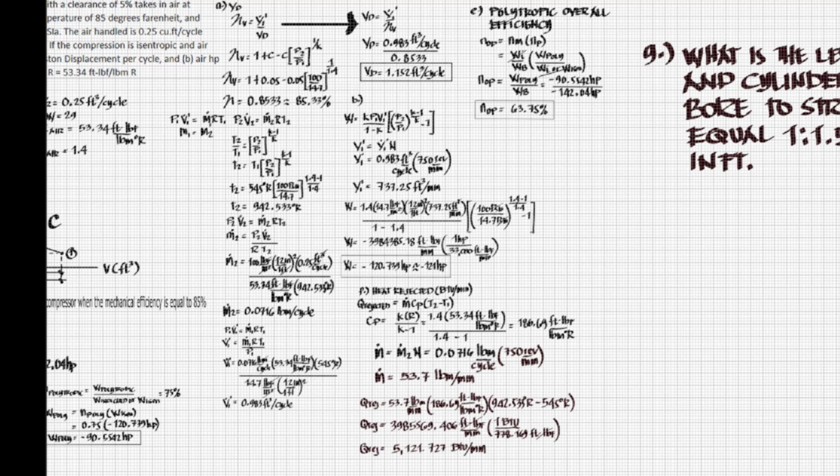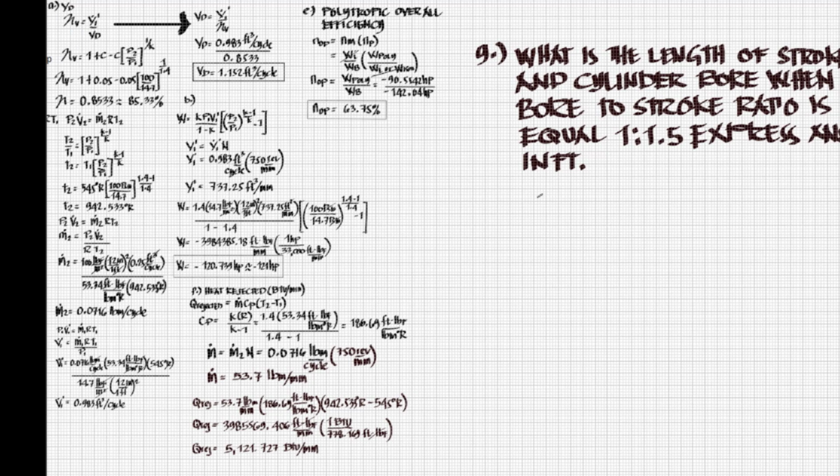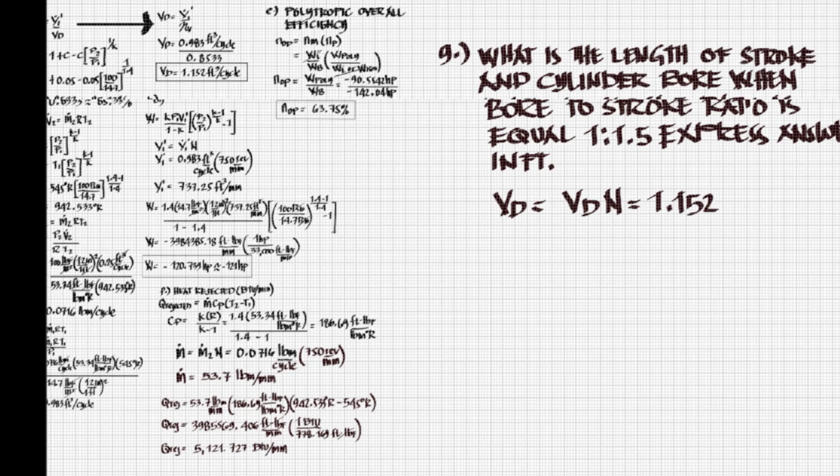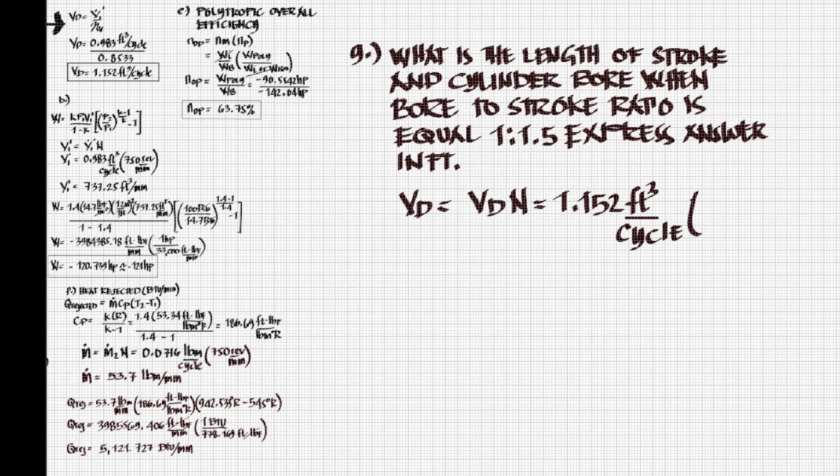In order to do that, our volume displaced will be multiplied again by the RPM. So that will be volume displaced, that will be your BD, multiplied by the RPM. So I have my BD, which is 1.152 cubic feet per cycle. Then multiply it by the given RPM.